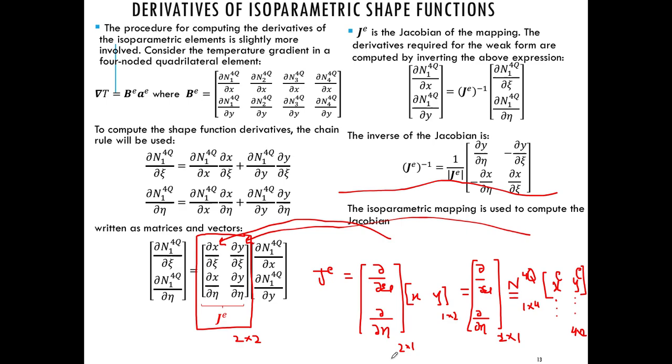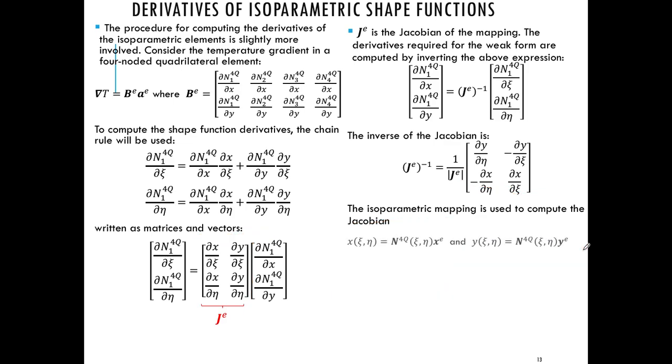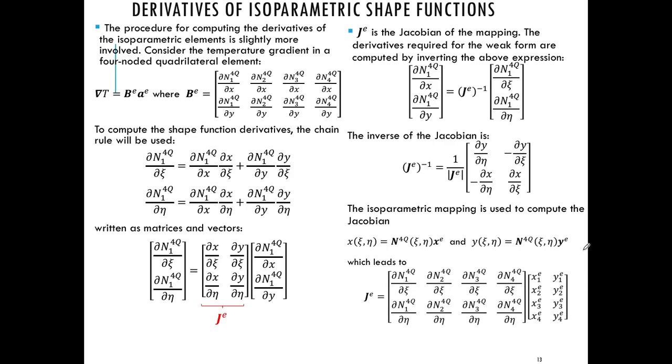Sorry. So now finally just look at this expression on the right hand side, and I can expand that out to write down that the Jacobian is actually just equal to this expression right here.